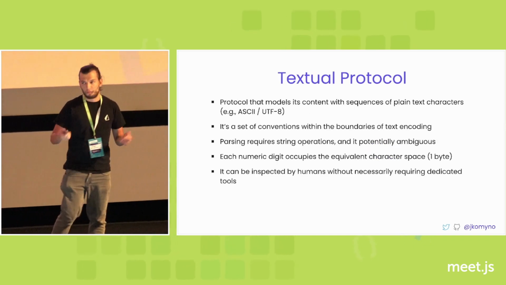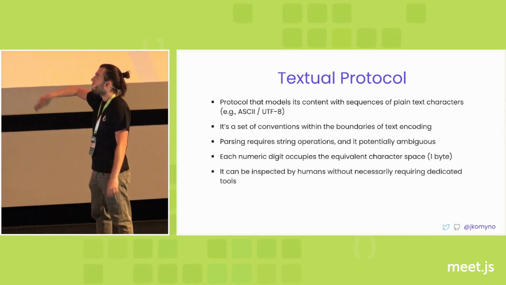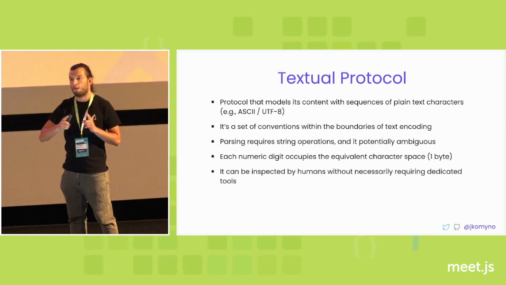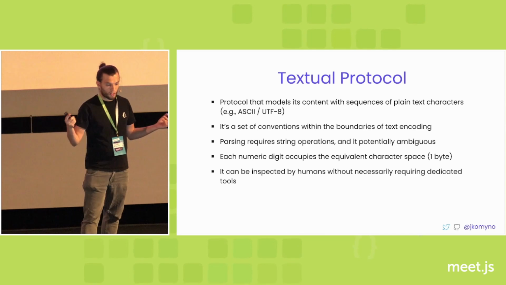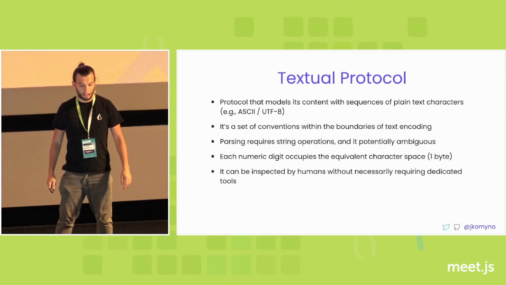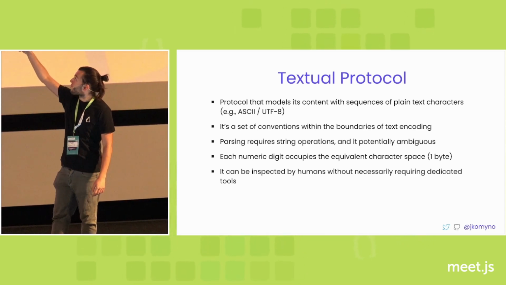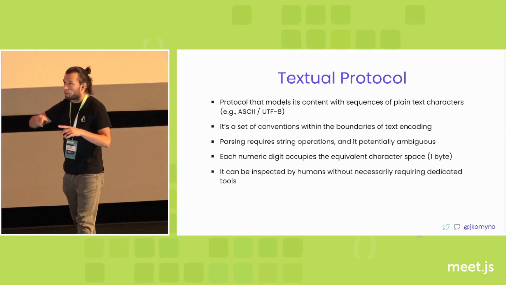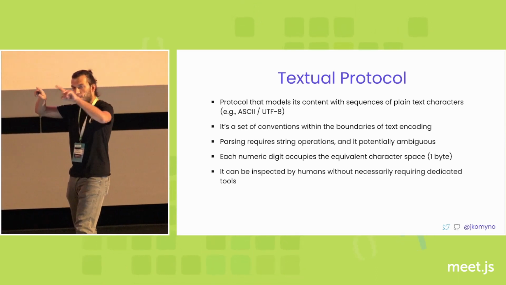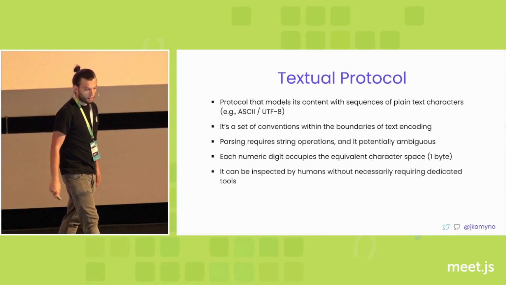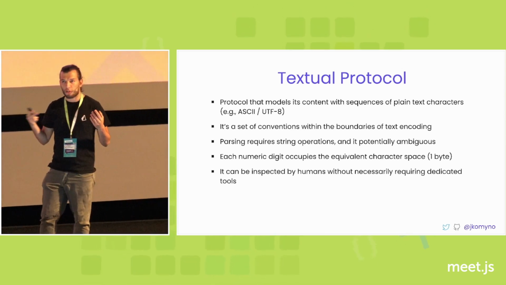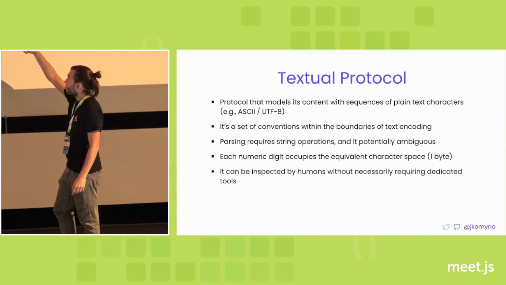Textual protocols. We've already seen examples before. Basically, they use bytes that can be converted to either ASCII or UTF-8. JSON is one such example. There's XML, etc. They use a bunch of conventions so that they can represent data and types within the boundaries of those character bytes only. They require any operation to parse strings first.